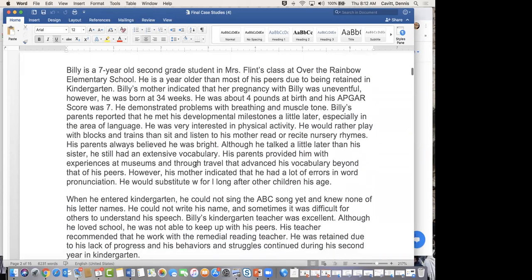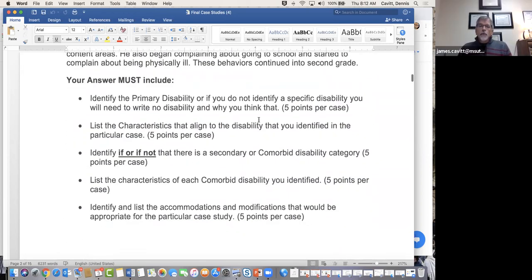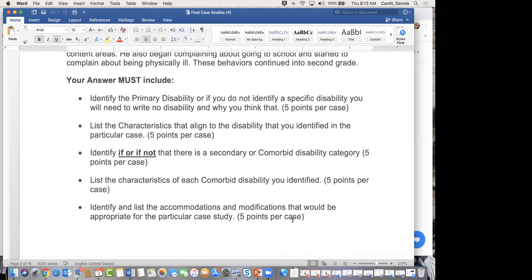Perfect. So now that I've given you the primary disability and identified the characteristics, also the secondary disability characteristics, your part for the first one is to identify some accommodations and modifications for the student. Would that be okay? Okay, good.